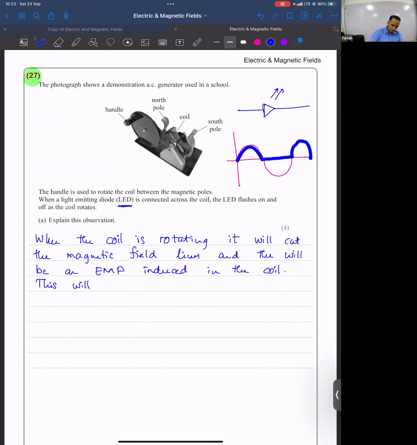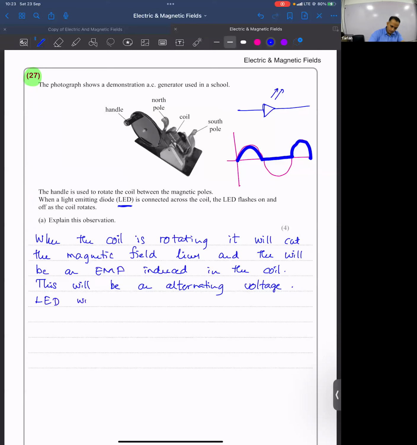This will be an alternating EMF or alternating voltage. Full stop.